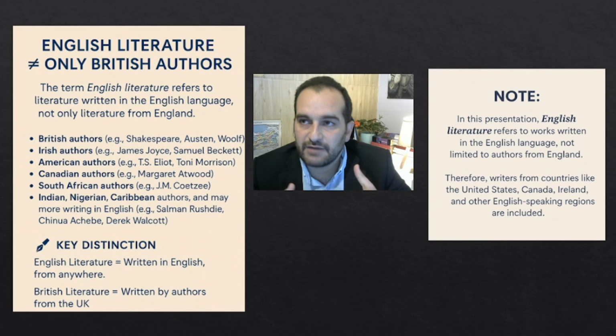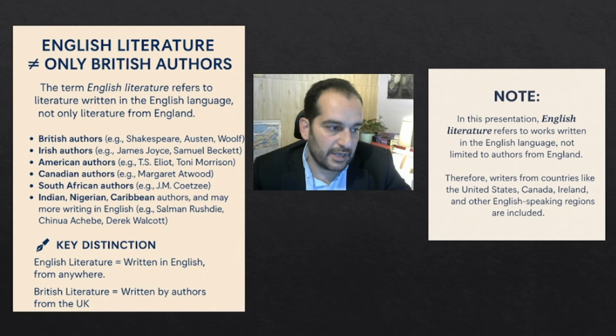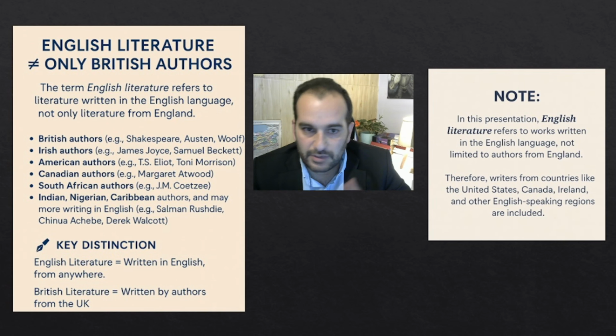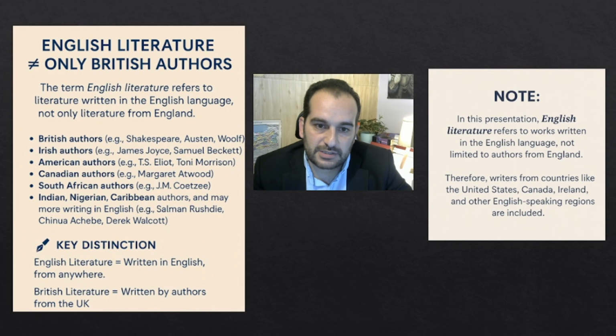And of course, we have many authors who are citizens of 2 or 3 countries at the same time, like Khaled Hosseini, Elif Shafak, and many other writers. So we have the key distinction between this English literature written in English, anywhere from anybody, and British literature, which is just written by authors from the United Kingdom.